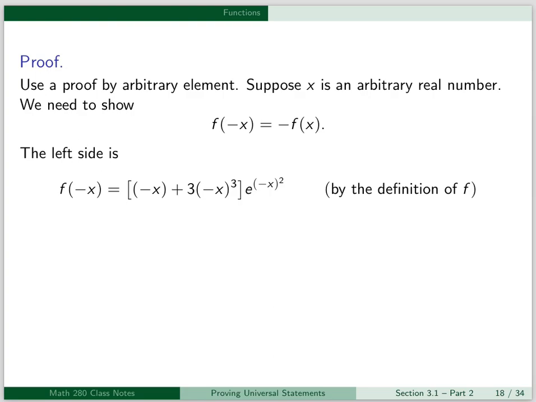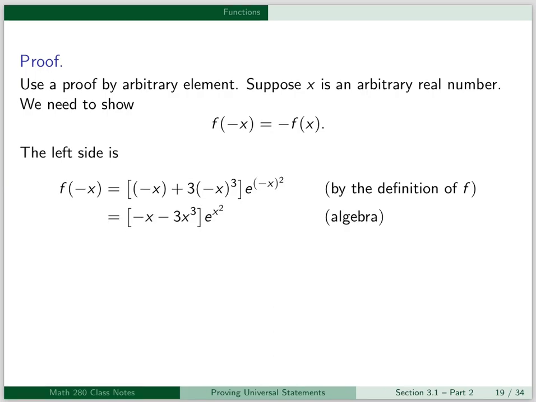The left side, f of minus x, is negative x plus 3 times minus x cubed quantity times e to the minus x squared. And that follows from the definition of the function by replacing x by minus x in the formula. Some algebra gives us minus x minus 3x cubed quantity times e to the x squared.